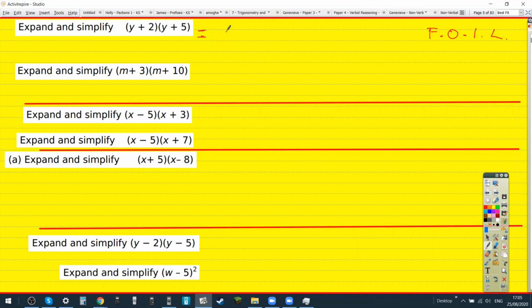First, so y and y is 2y. Y times y? 1y squared. Yeah. Then you do y times 5, which is 5y.